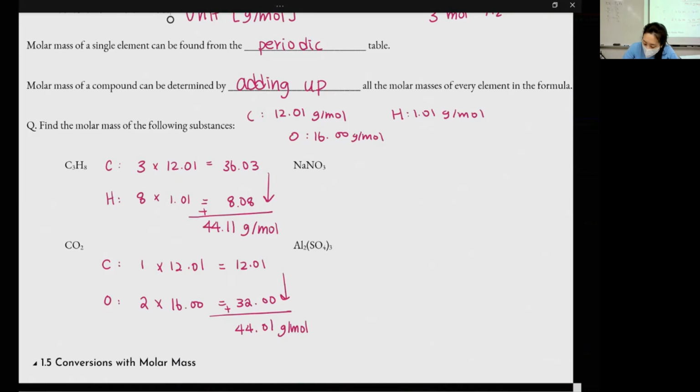Now we're going to do NaNO3. This one has three different elements. Sodium, Na, I have one, and there are three oxygens. Sodium is 22.99. Nitrogen is 14.01. Oxygen is 16.00.